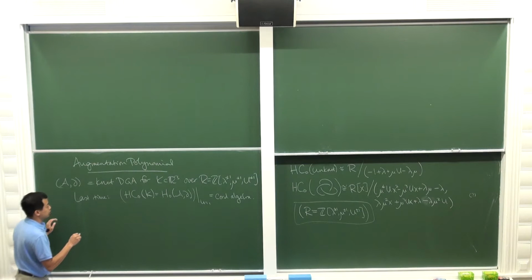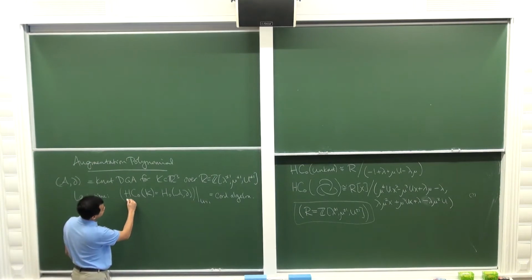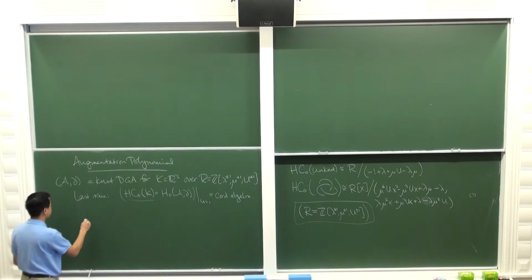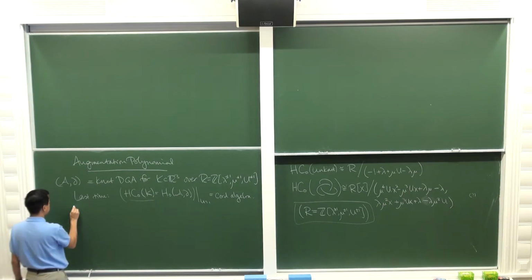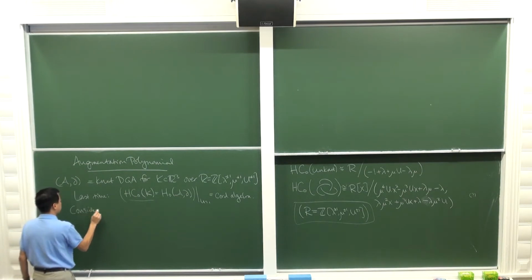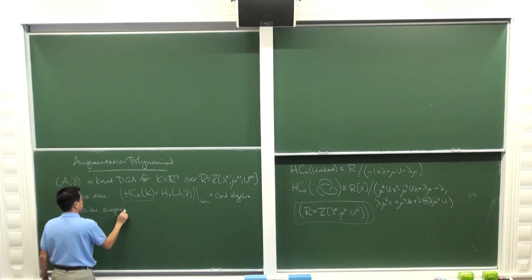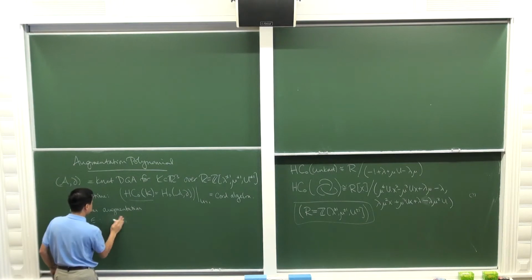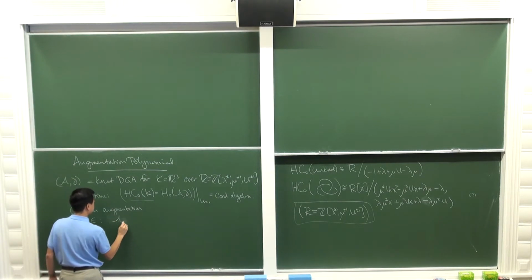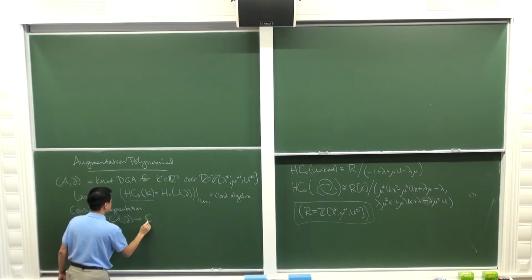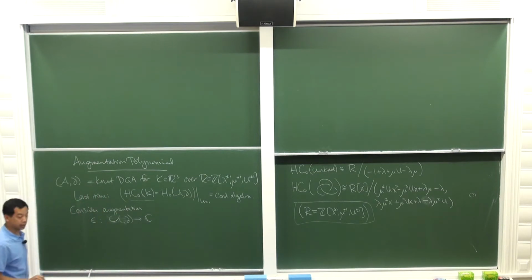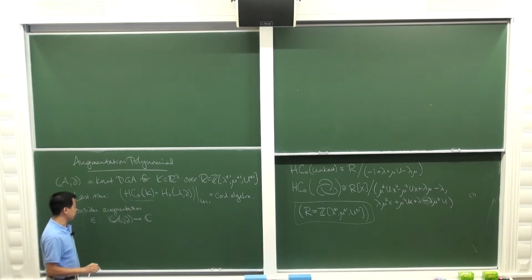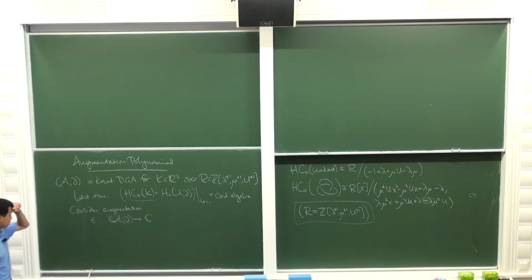So what I want to do today is to continue considering this degree 0 thing. The idea is that we're going to consider an augmentation. My augmentation is supposed to go from the differential algebra to somewhere, and the somewhere is going to be the complexes, although I think you can work over other fields as well, but we use C for simplicity.